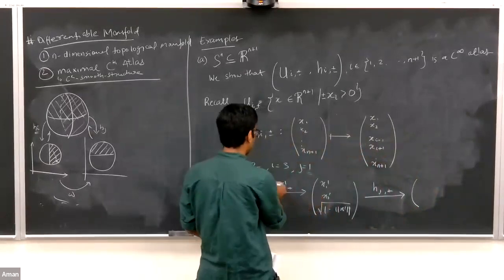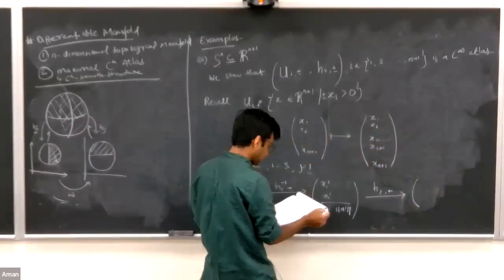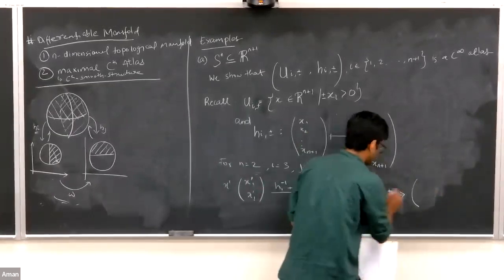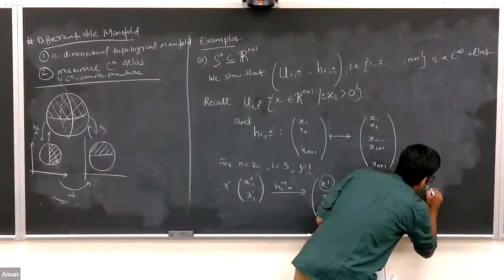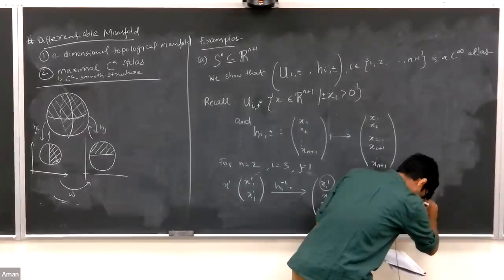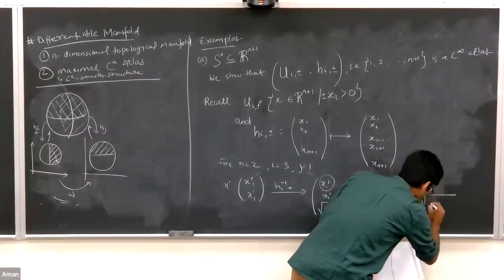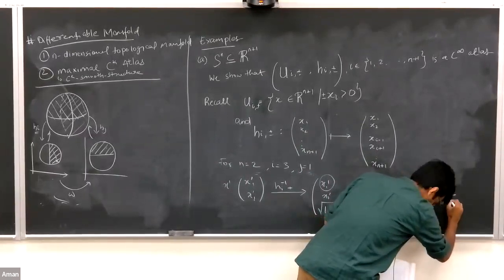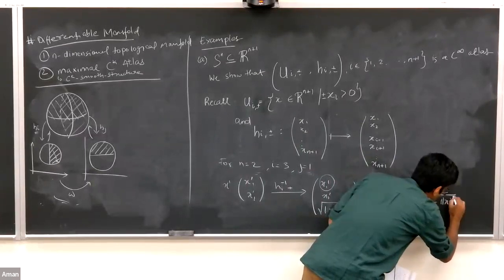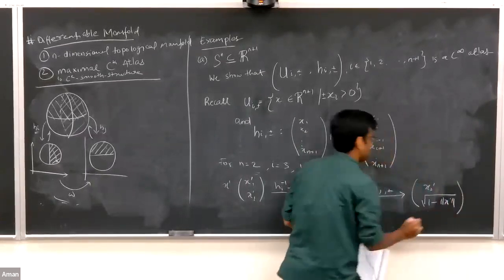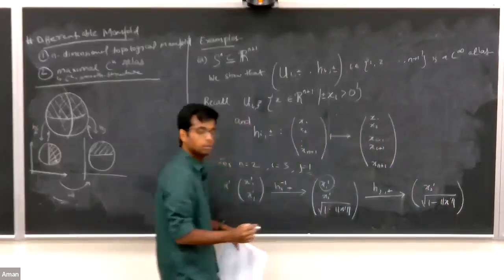And which coordinate will we drop? Because j equal to 1, we'll drop the first coordinate completely, and then this will be x2 prime and root of 1. Right?